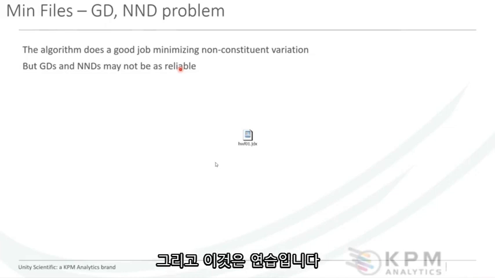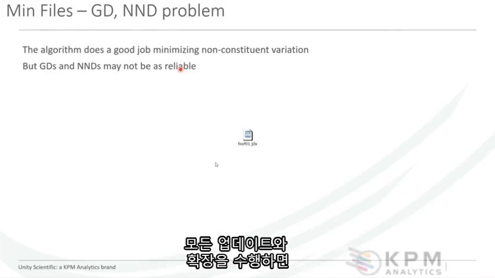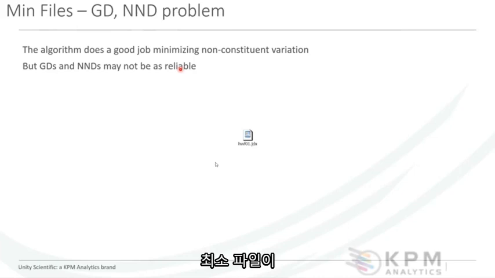This is an exercise when you're developing calibrations: you can spend a day or two making a minimization file and store it. From that point on, for every regression you make, any updates, any expansions, the min file is just sitting there ready to go.